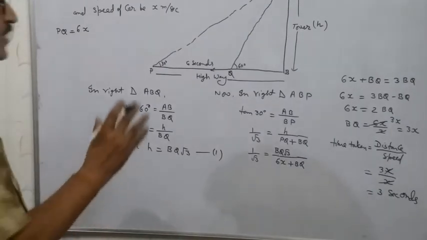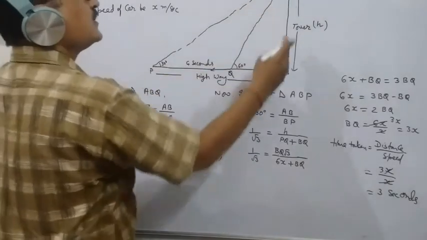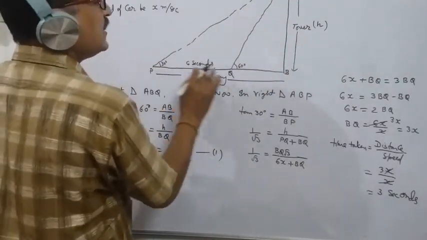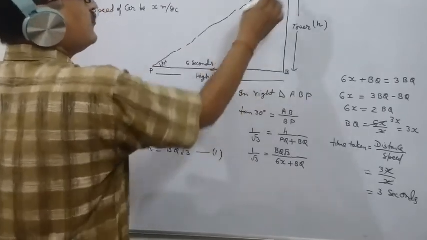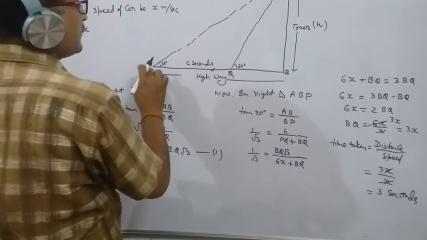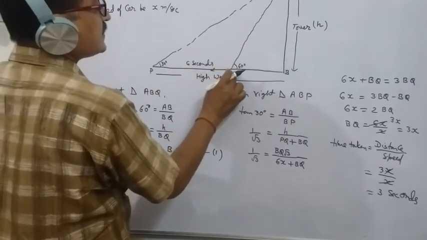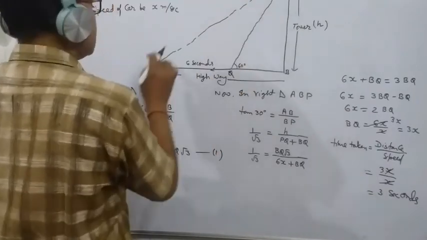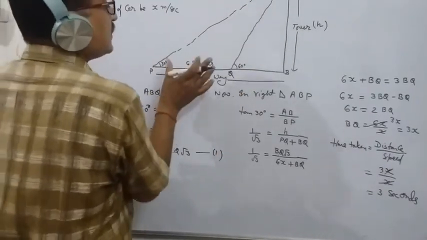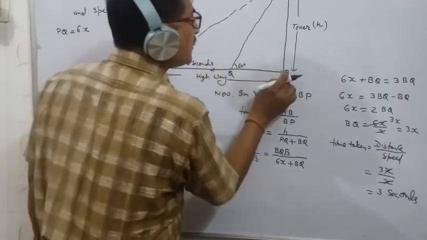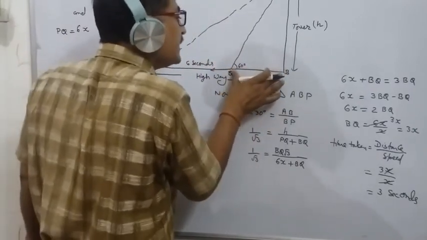Now see, from the starting, what the question is. One tower is there, and this is the highway, and that highway leads to the tower, and one person at point A is seeing the car at point P. Then after 6 seconds he has seen the car reach point Q, and at that time the angle of depression is 60 degrees. Before that it was 30 degrees. Then his question is how much time it will take to reach B. That means we have to find the distance.